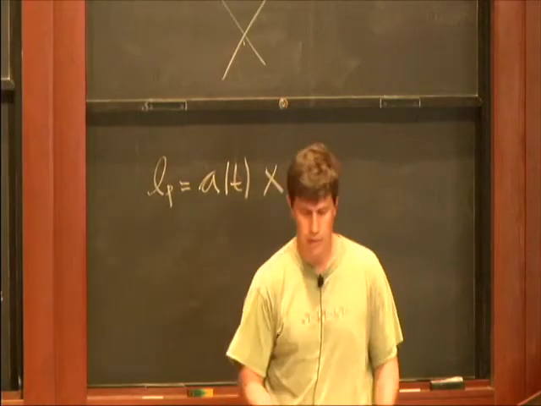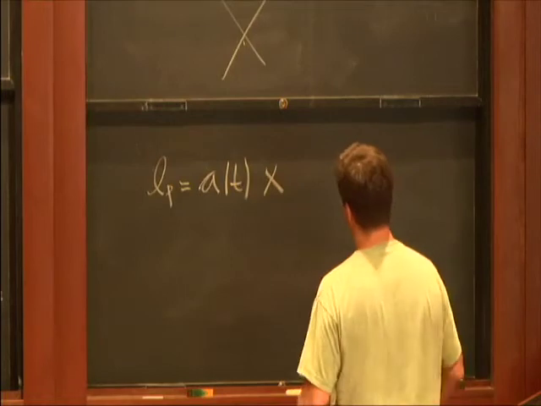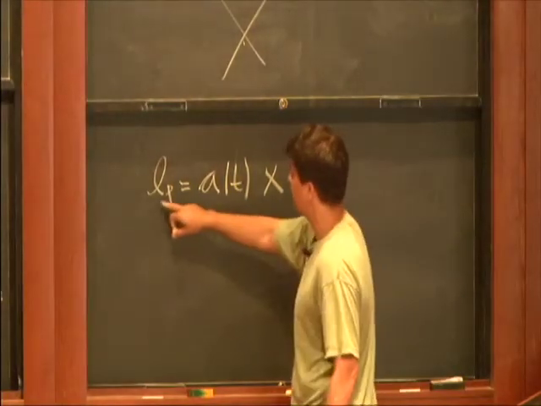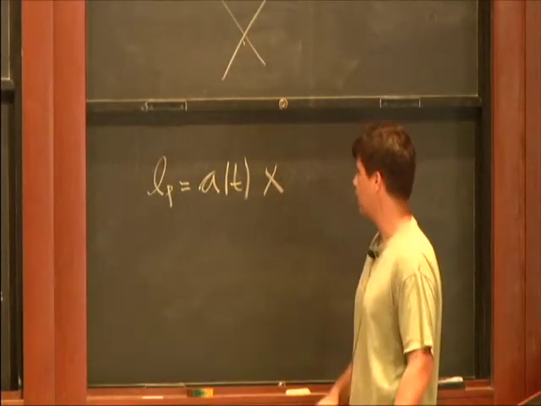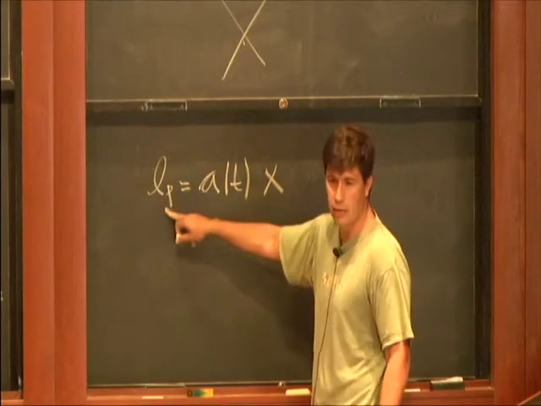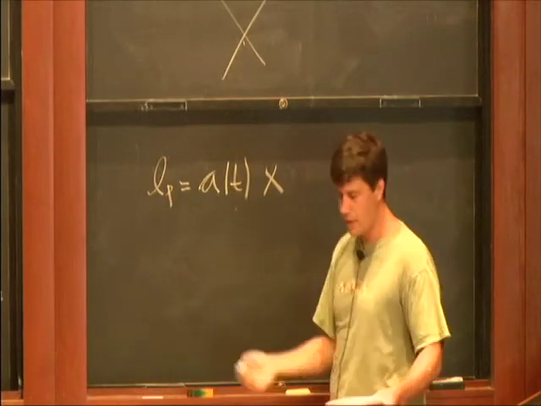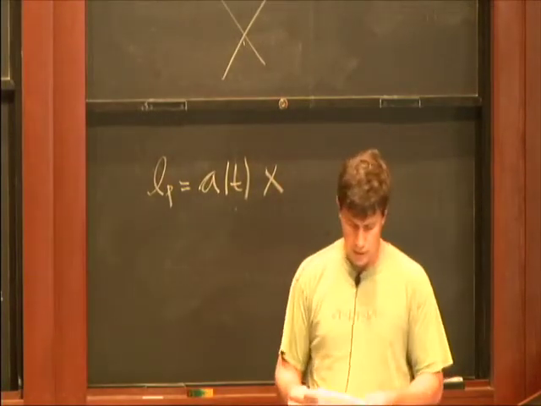So we take two points moving with the Hubble expansion, so they are at a fixed comoving separation. Their physical separation is scaling with time like that. So as you go back in time, these two points are getting closer together, okay? Because a of t is going to 0, so everything is closer.